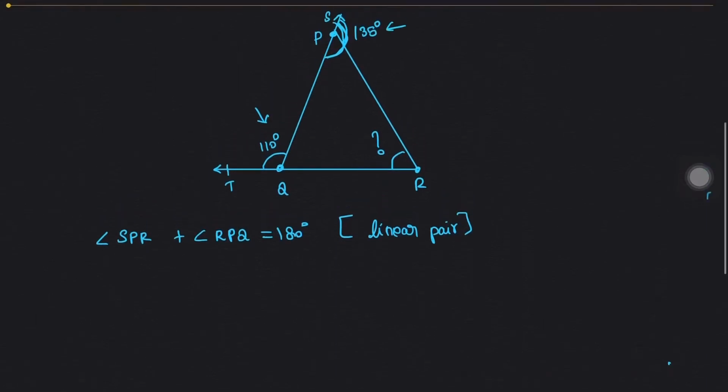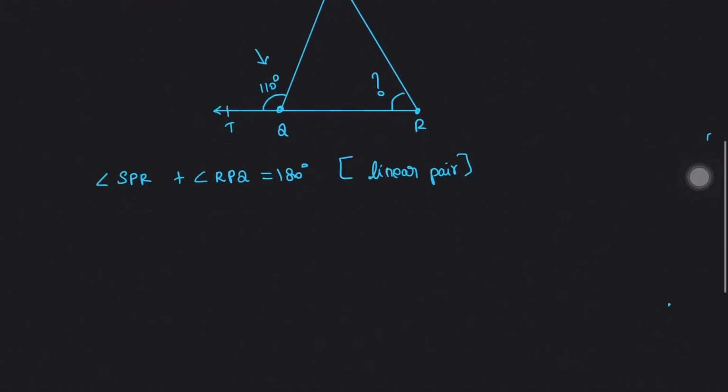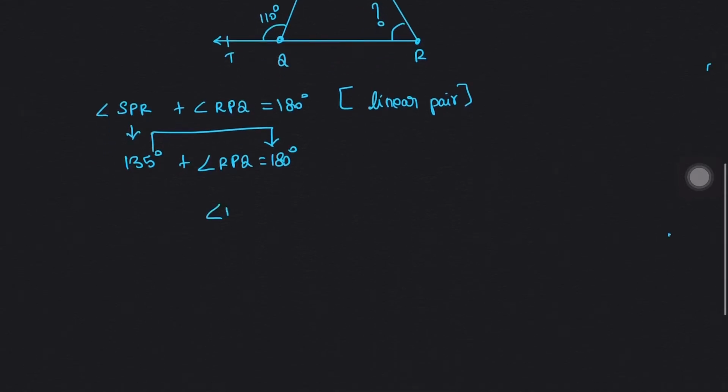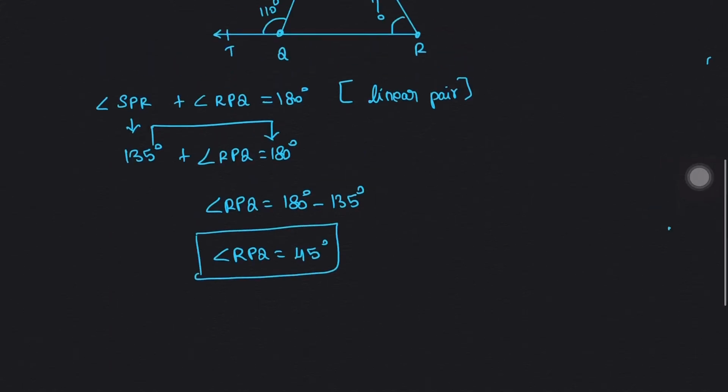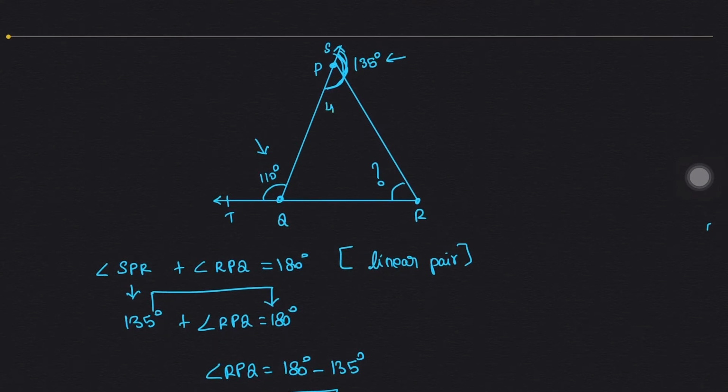And angle SPR is equal to 135 degrees, so 135 degrees plus angle RPQ is equal to 180 degrees. Then this term is moving to the right side. Angle RPQ is equal to 180 degrees minus 135 degrees. So the final value is angle RPQ is equal to 45 degrees.